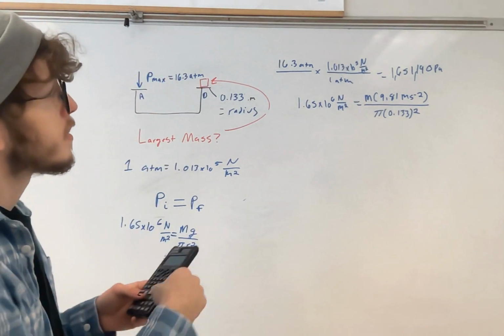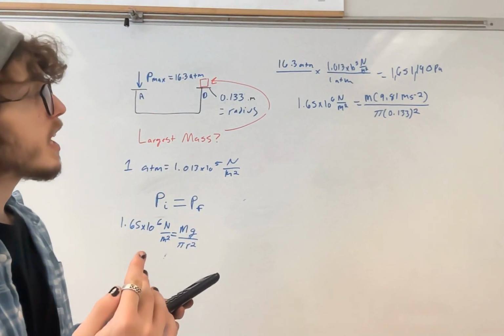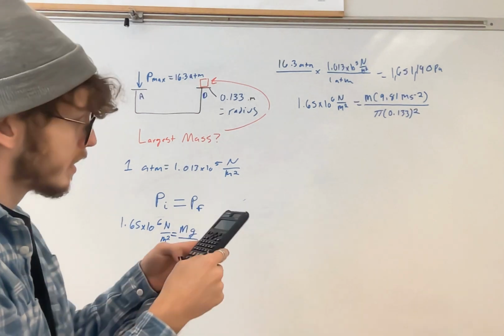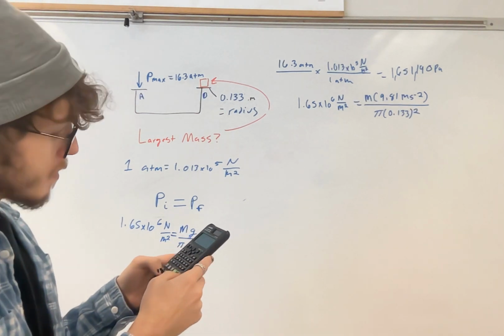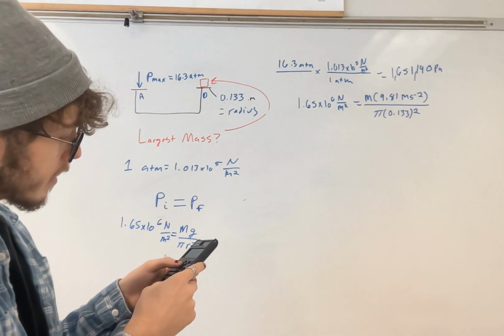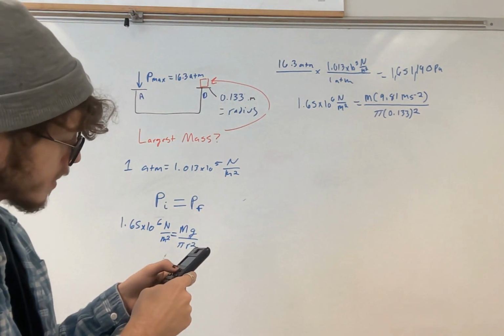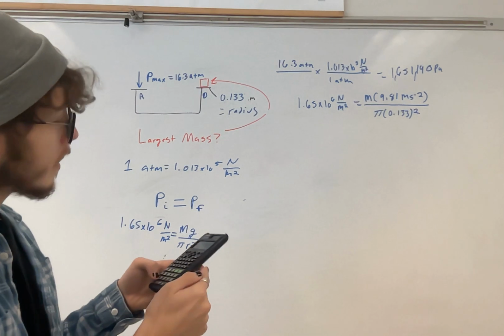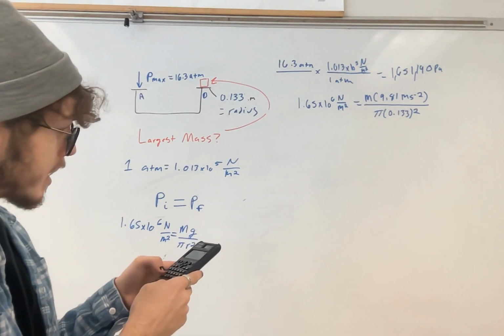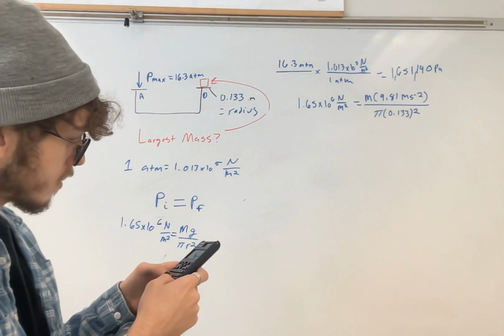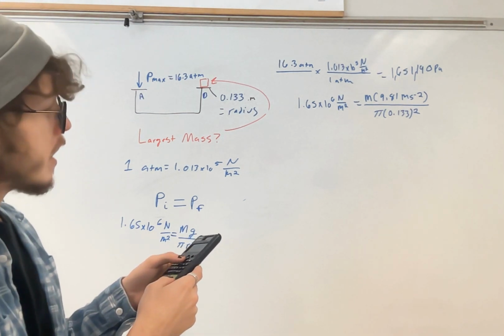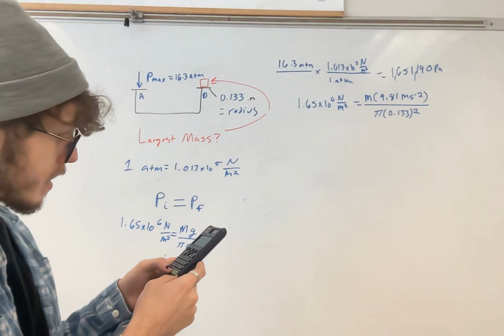Whew, a lot of math. So let's just do some simplification of bringing things over and dividing. Just some simple algebra here. We multiply this by pi r squared, and then we're going to divide by 9.81.